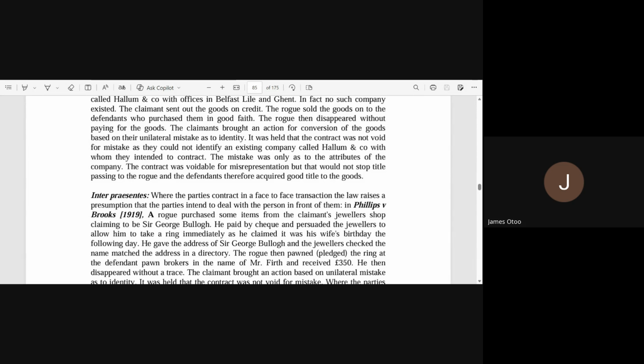Contract interpretation. That is face-to-face transaction. The law is that when someone is before you and you enter into a contract, the presumption is that you are dealing with the person before you.